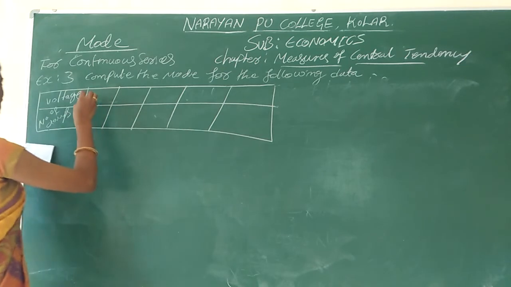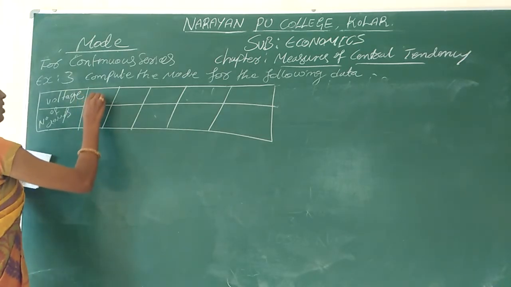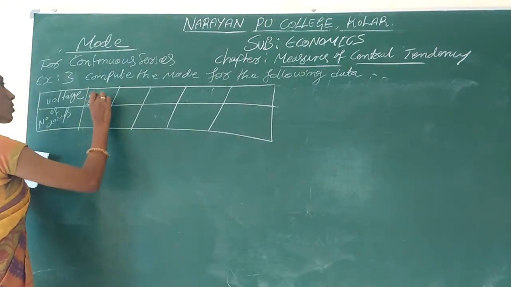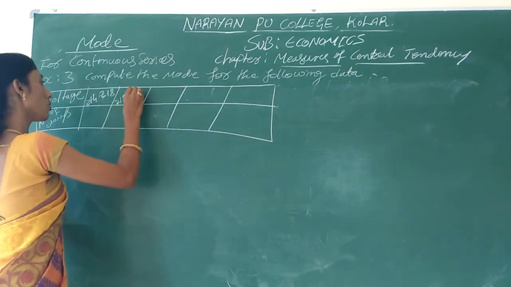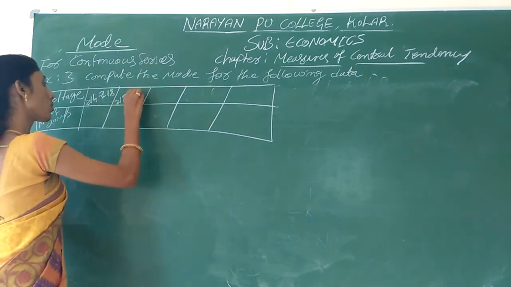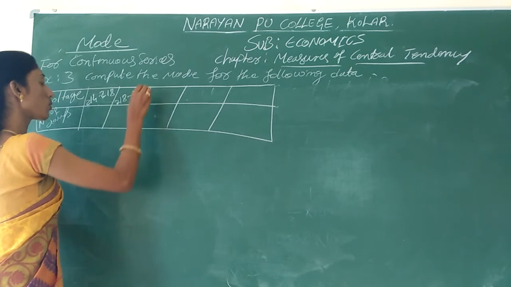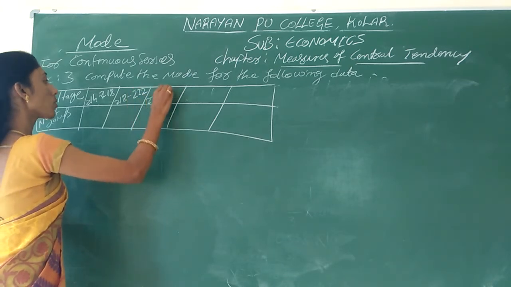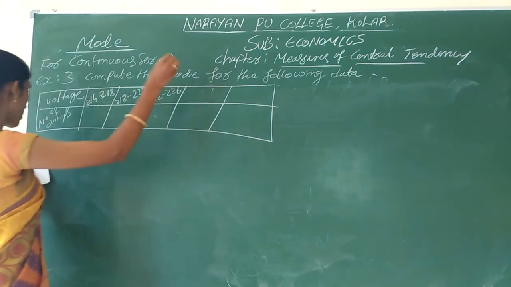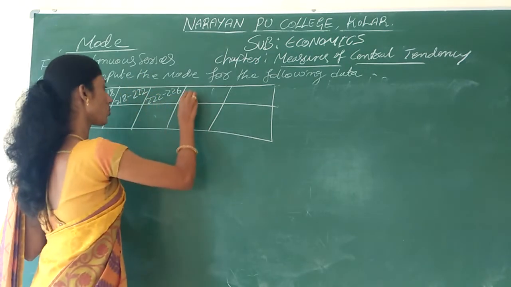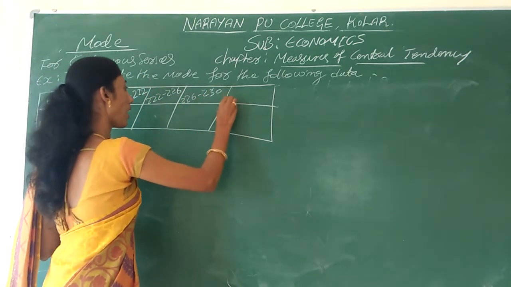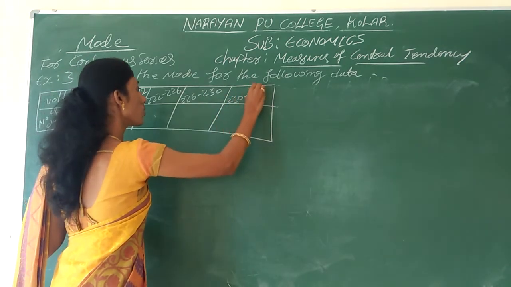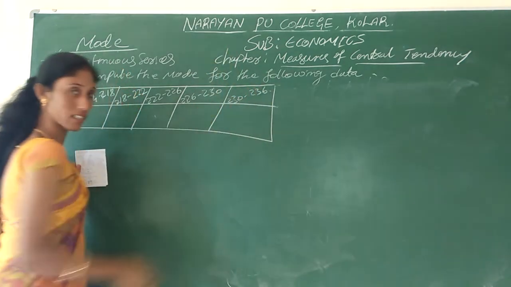Here 240 into 2, 226 to 230, and 230 to 236.